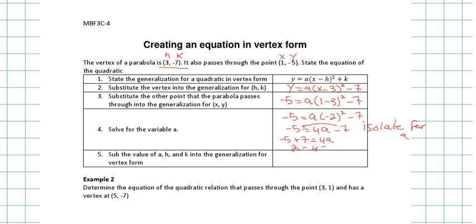So 2 equals 4a. How can I find a? Division. So it becomes 2 divided by 4. So the value of a will be... 2 divided by 4 is what? It's not 2. It's a half.